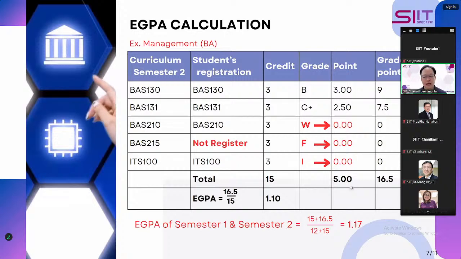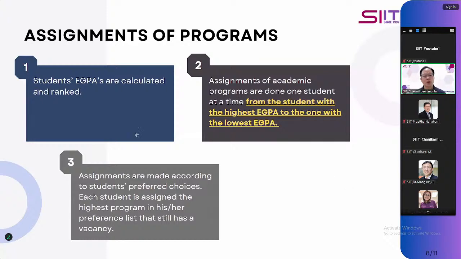And then based on this eGPA, once your grades come out for the second semester, we will calculate it, and then we will rank them from the highest to the lowest. And then you will have your choice. Those students who have a high GPA will have priority to select their program.